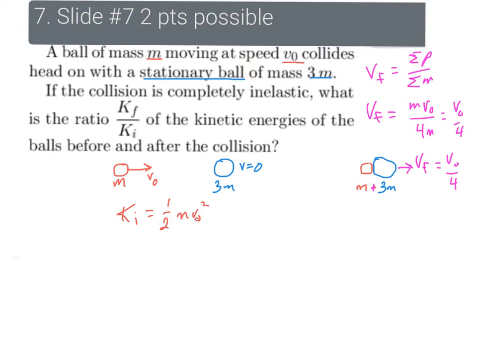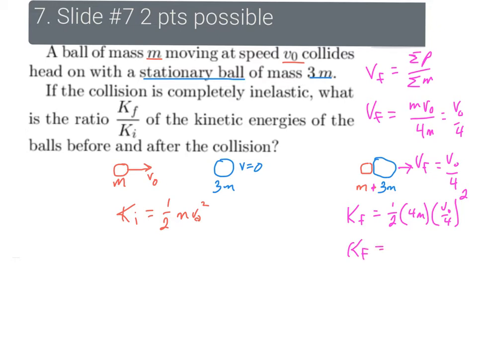If I look at the final kinetic energy, when they combine, Kf, that is going to be equal to 1/2. Our combined mass is 4m. And then our velocity over here is going to be v0 over 4. And that's squared.